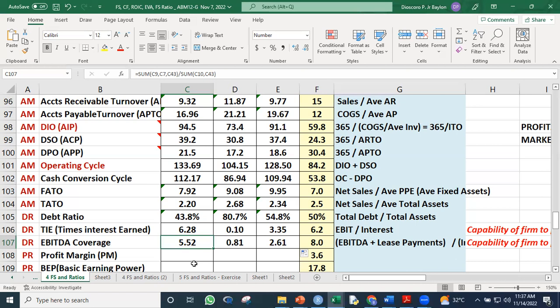Okay, but in terms of capability to pay that, they pale in comparison with the direct competitor. Kasi si direct competitor 8 pesos no? Sila 5.52 lang. Okay, good. All right.